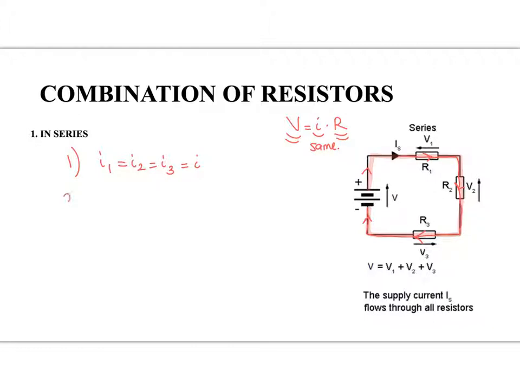So the voltage taken from the battery should be equal to the sum of the voltages across each resistor. In finding the equivalent resistance, the total equivalent resistance will be equal to the sum of each resistor: R1 plus R2 plus R3.